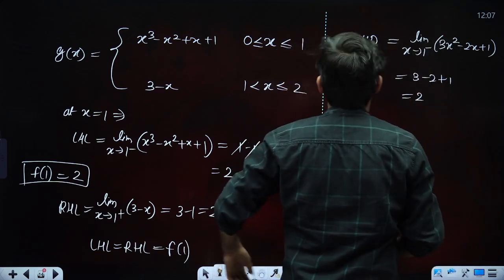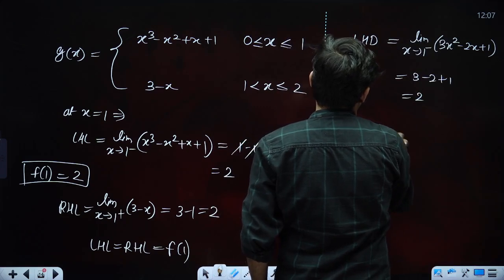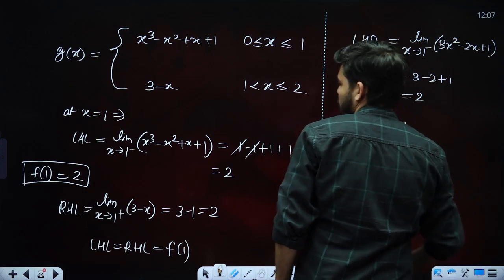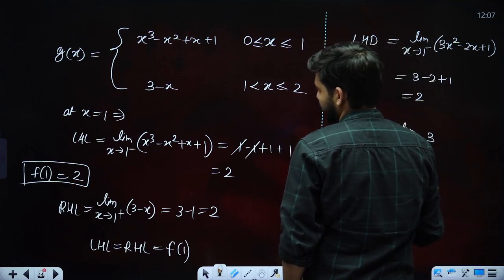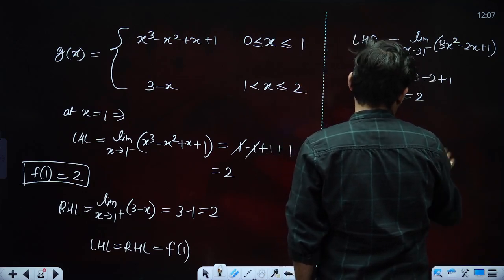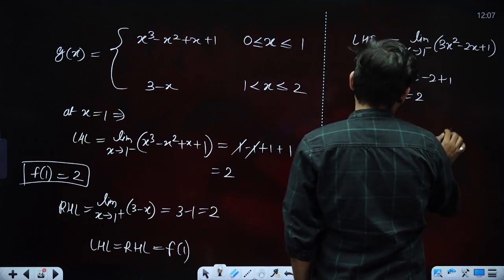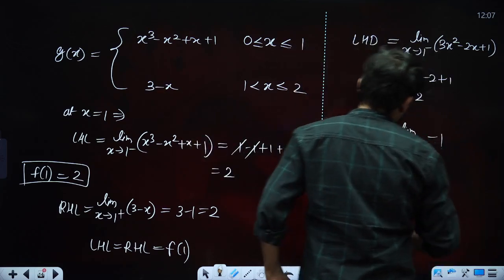After differentiating it, let's talk about the right hand derivative. For that, we got minus 1 over here, because the differentiation of this part is minus 1, so overall we got minus 1.